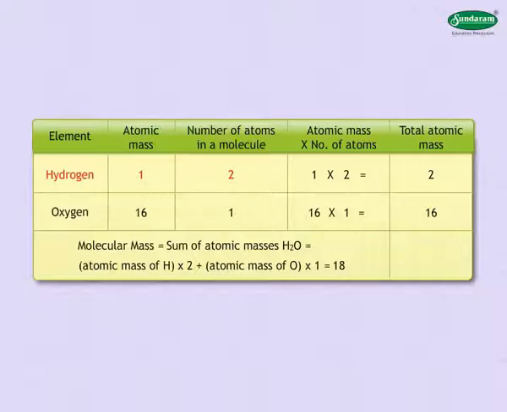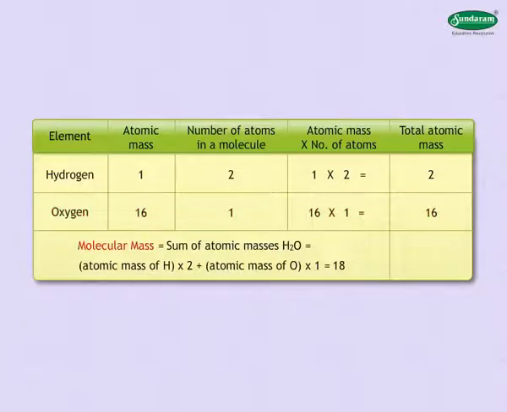Thus, total atomic mass of hydrogen is 1 multiplied by 2, which is equal to 2. Similarly, oxygen has an atomic mass of 16 and it has 1 atom in its molecule. Hence, the total atomic mass of oxygen is 16 multiplied by 1, which is 16.